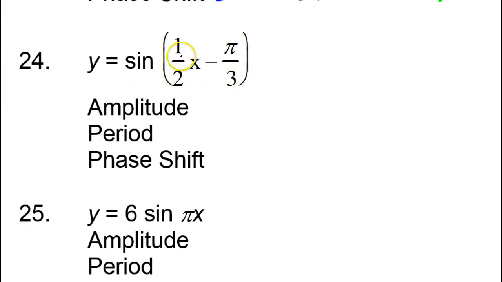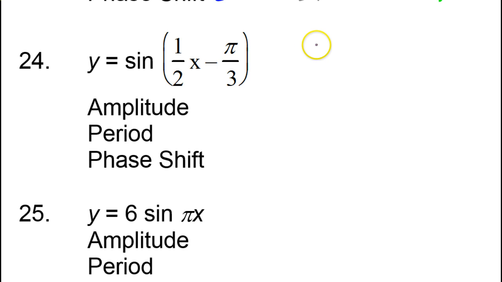Now here again, I have a B value right here, and there's some type of a phase shift happening, but you have to be careful. The phase shift is not pi over 3. You're going to have to factor this out.